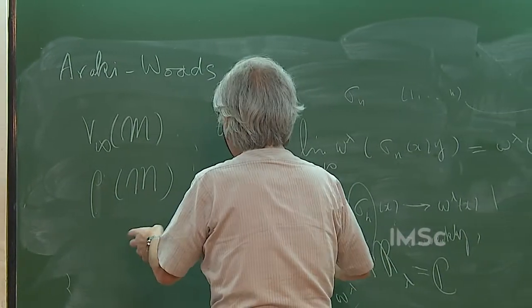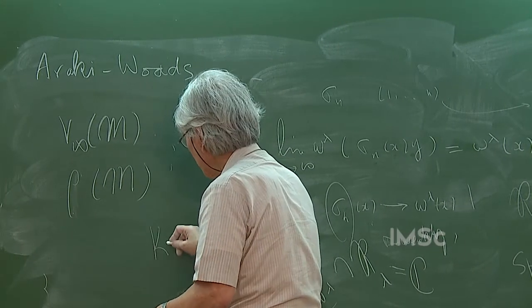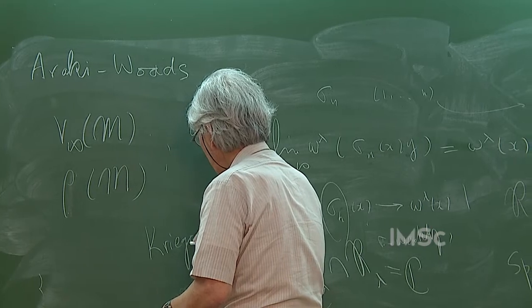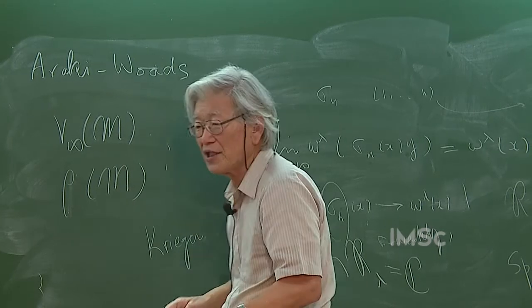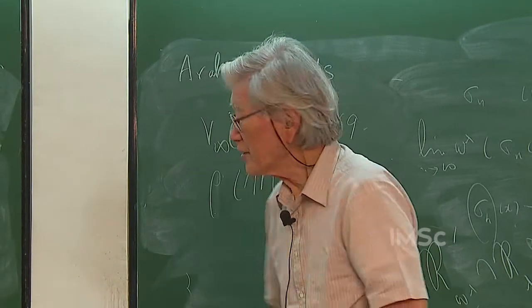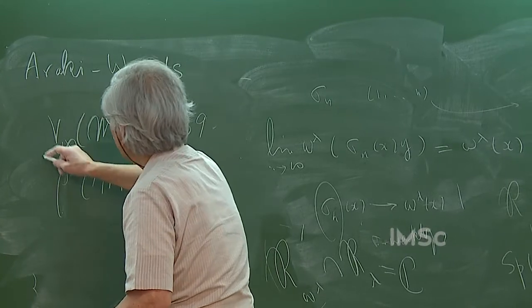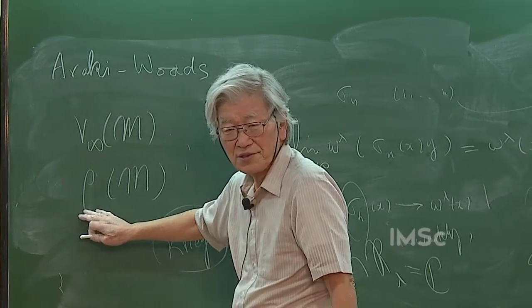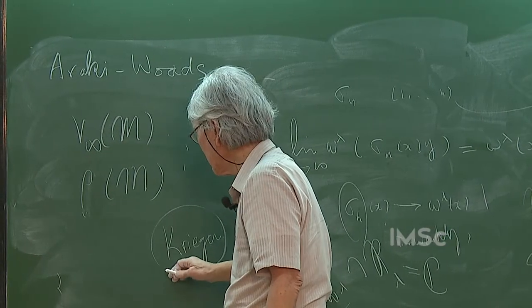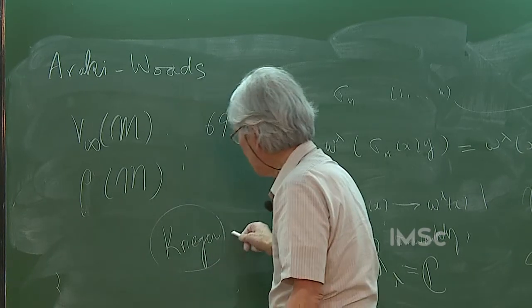At the same time, in a different corner, Krieger comes in, studying the group measure space construction, and it turns out Krieger was very much influenced by Araki and Woods. And being an ergodic theorist, he went a little bit further.